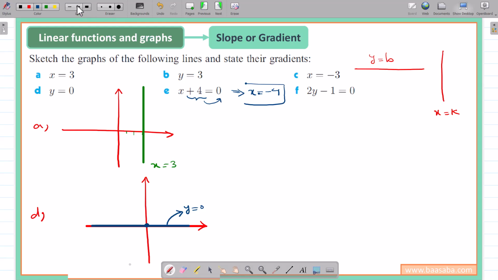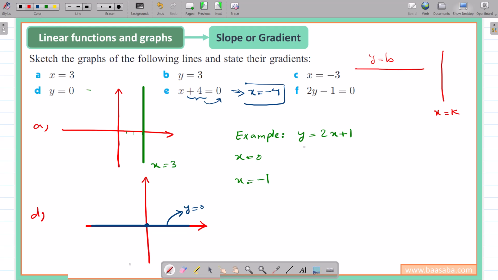I'm going to write another example here, for when we have a line that has both x and y in it, for example, y is equal to 2x plus 1. And I'm going to draw this line. When we have a line that is not vertical or horizontal, we have to do these steps. First, we have to assign an amount to x or y. This amount can be anything you want. For example, I'm going to give it 0 and, I don't know, negative 1.